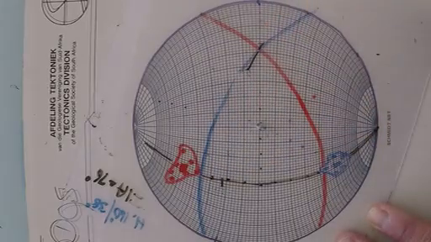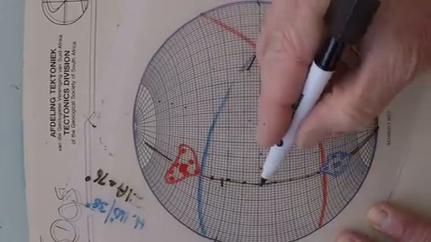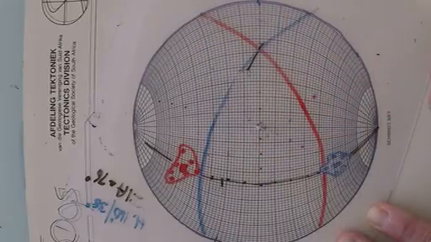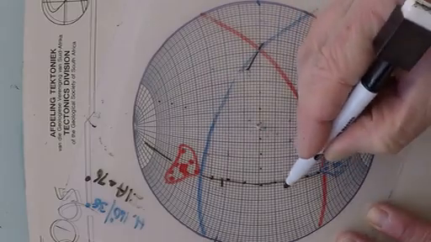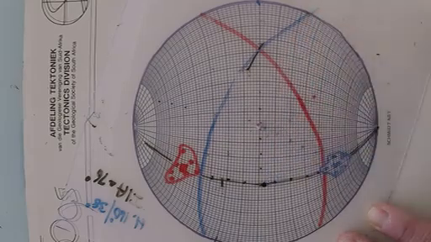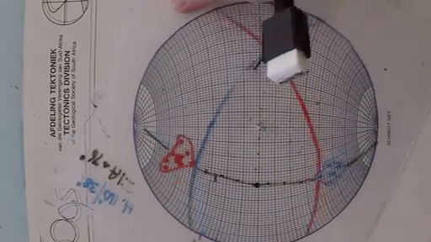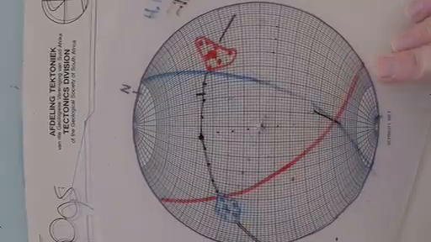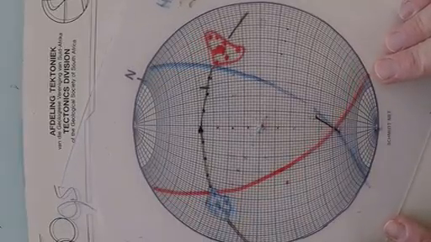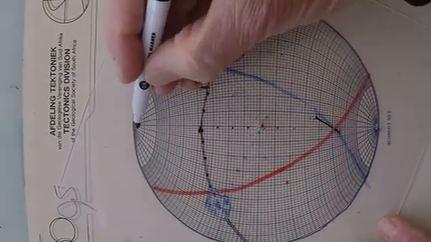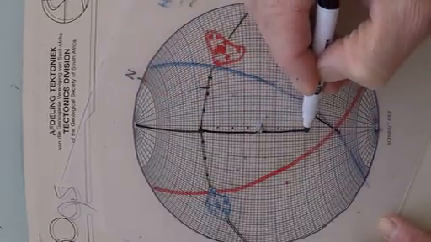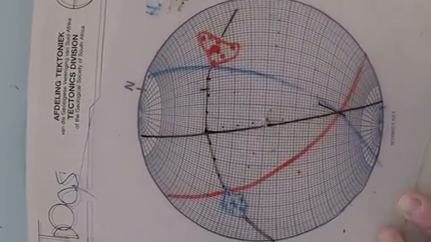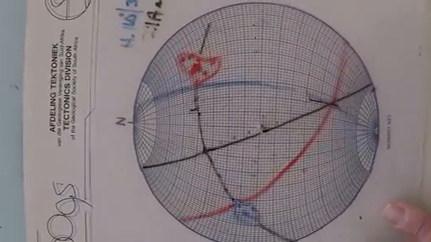We said it was 76 degrees or 78 degrees, which of course will make it 38 degrees. So let's go 10, 20, 30, 38 degrees. And now if you rotate that point and the intersection until they fall onto the same great circle, you can draw in this inferred orientation of the actual plane.